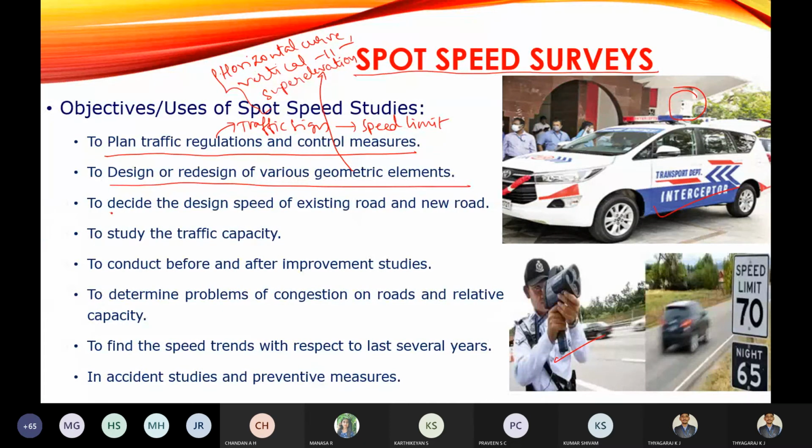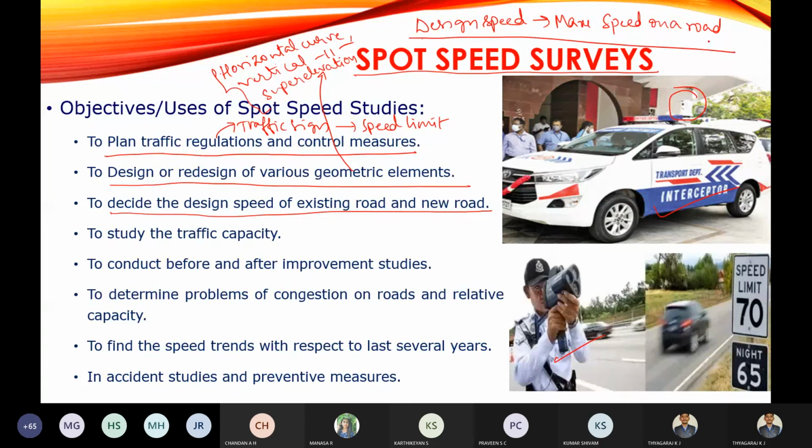And to decide the design speed of existing road and new road. You should know what design speed means. It is the maximum speed on a road, so kindly make a note of it. Design speed means the maximum speed on a road without any obstruction.